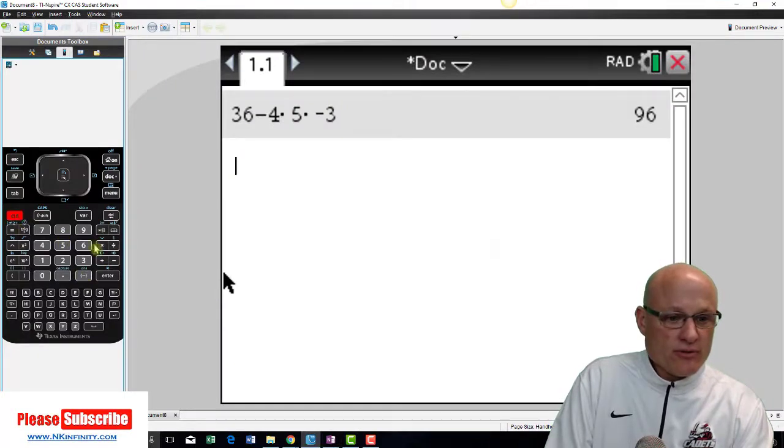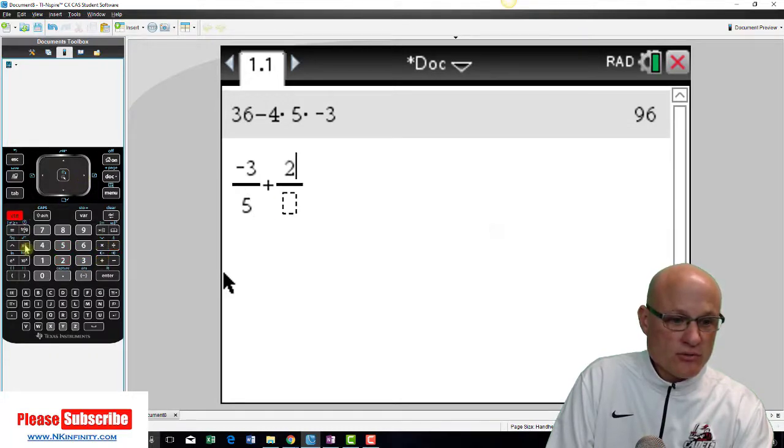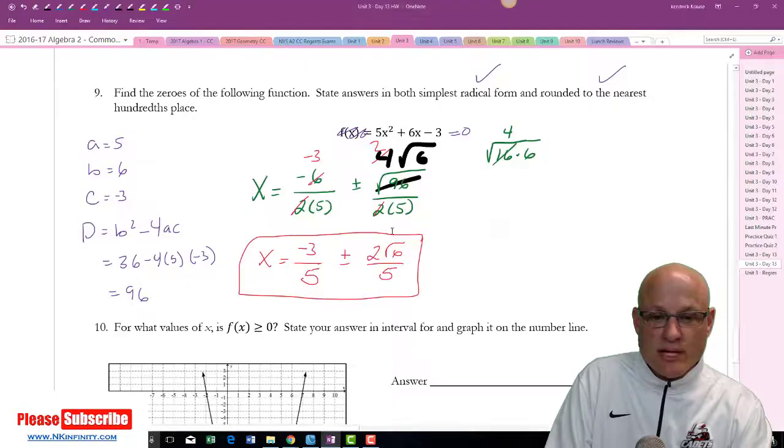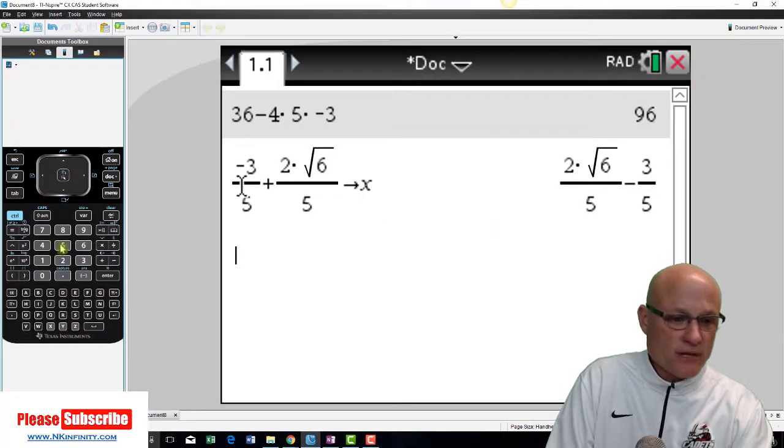So I type negative 3 over 5 plus 2 square roots of 6 over 5. I'm going to store that into x, using the variable key x. Now don't forget, you always type in your original, which was 5x squared plus 6x minus 3.